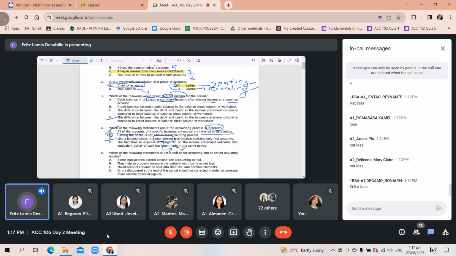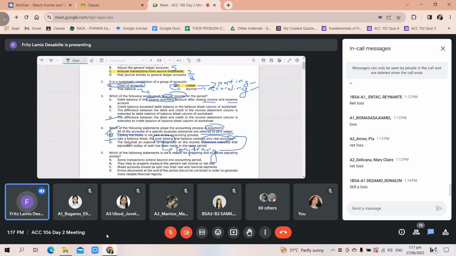Once you close all your temporary accounts and transfer them to the equity accounts, the retained earnings, or the capital account of a sole proprietor, what remains are only real accounts, or balance sheet accounts.